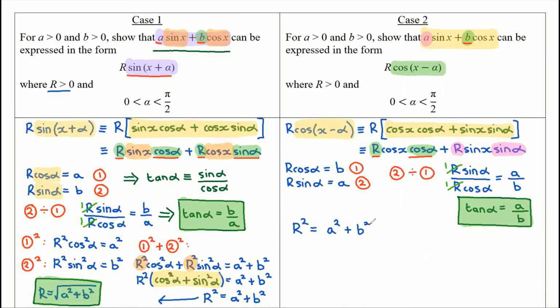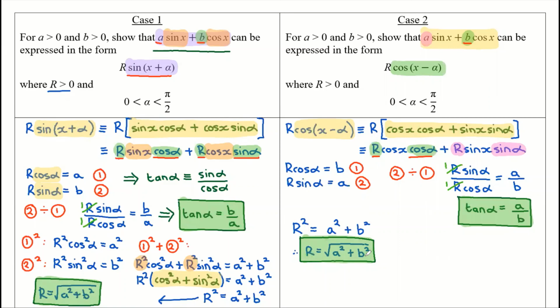So in other words, your r is just going to be the square root of a squared plus b squared. So for each of these variations, each of these cases, finding r is exactly the same. It doesn't matter. You just apply Pythagoras' theorem to the coefficients a and b to get r. It doesn't matter what kind of question it is, you can always do that. So that's really important. The only thing you've got to be careful of in these is what the alpha is. There might be a slight variation on that.